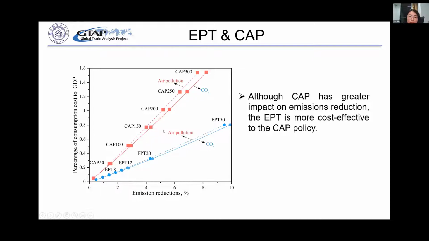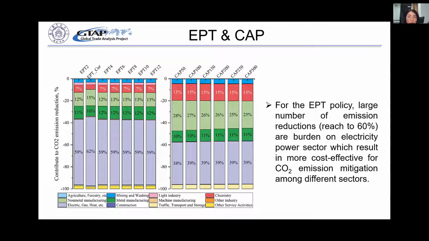From this figure, we can see that although the carbon price has a greater impact on emission reduction, the environmental protection tax is more cost effective than the carbon pricing policy. And to see why, we can look at the sectoral burden in both scenarios.